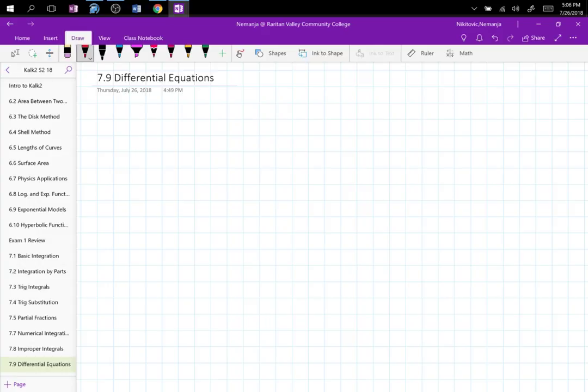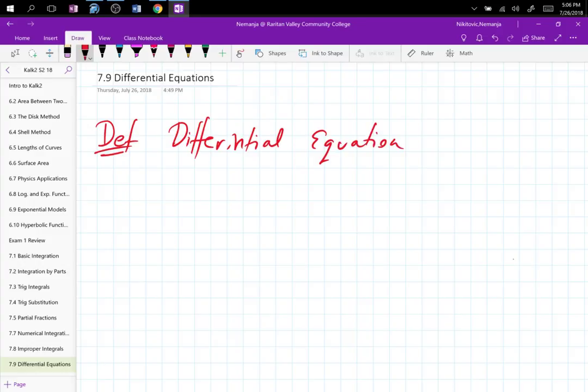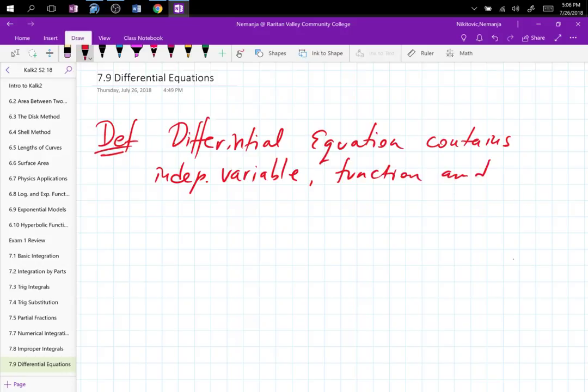So I will start with the definition that a differential equation contains an independent variable, a function, and its derivatives.